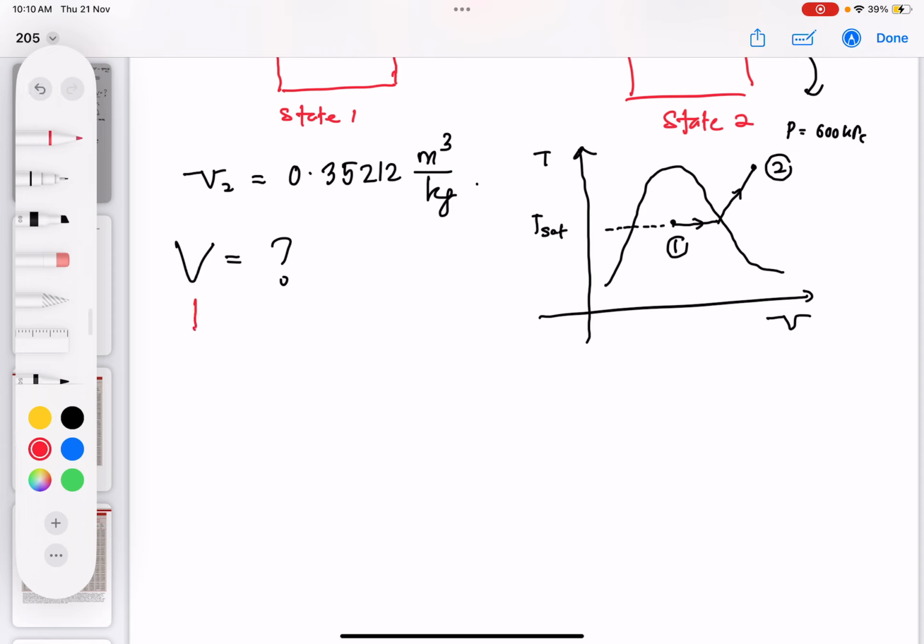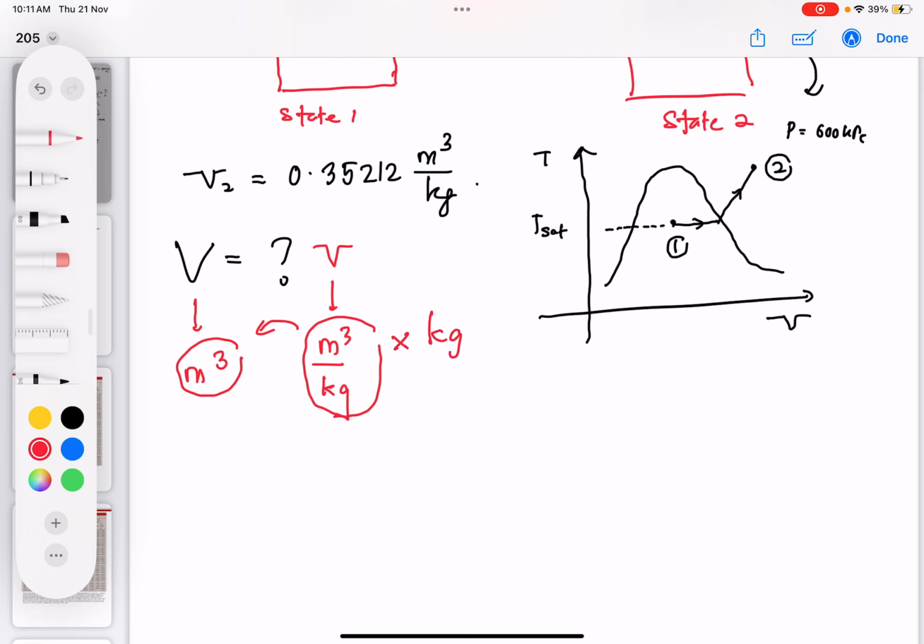The unit for volume here is meter to the power of 3, and what I have is the specific volume with the unit of meter cubed per kg. You should ask yourself, how do I get meter cubed from this? In order to get meter cubed from meter cubed per kg, I have to multiply by the kg, so that I can cancel out the kg.